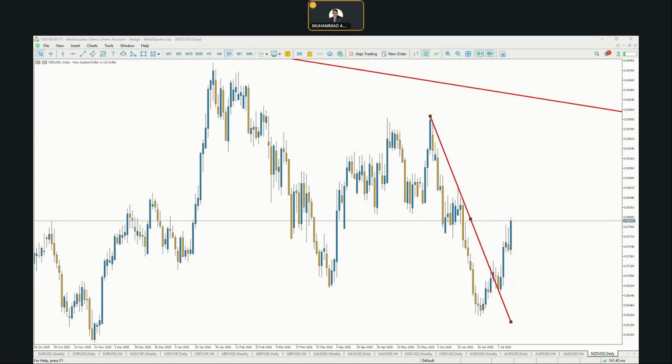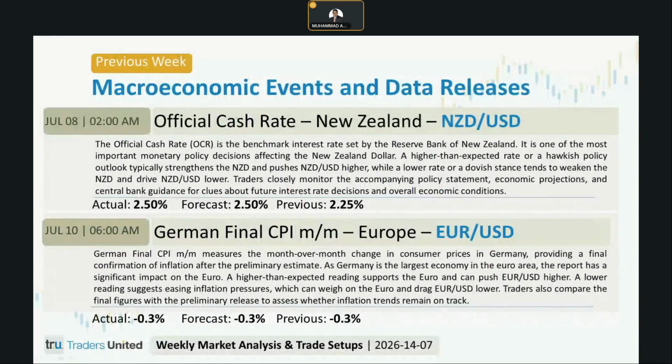The key market drivers observed are the official cash rate, actual 2.5 versus the forecast 2.5 as expected. Interest rate increased from the previous reading of 2.25. Reserve Bank of New Zealand policy outlook remains supportive. Broad US dollar weakness across the forex market. Positive global risk sentiment.